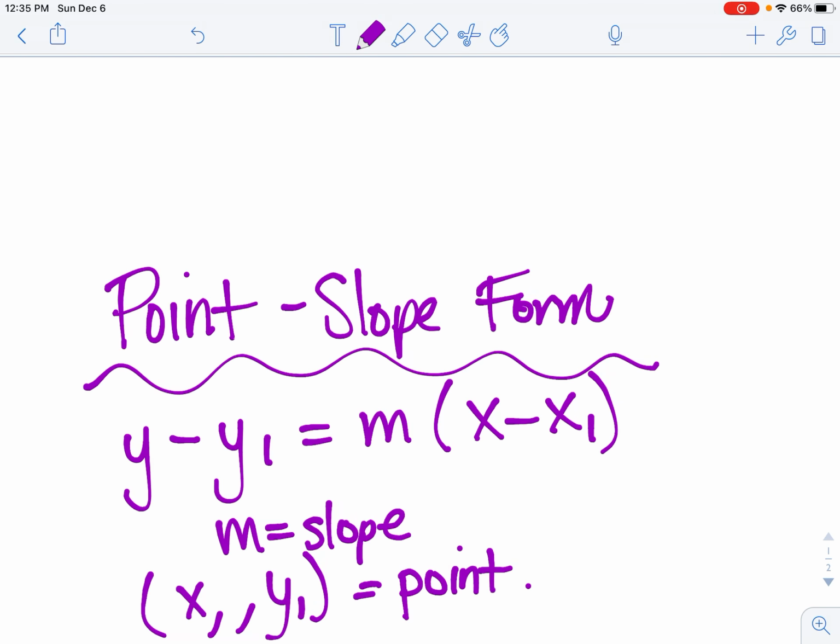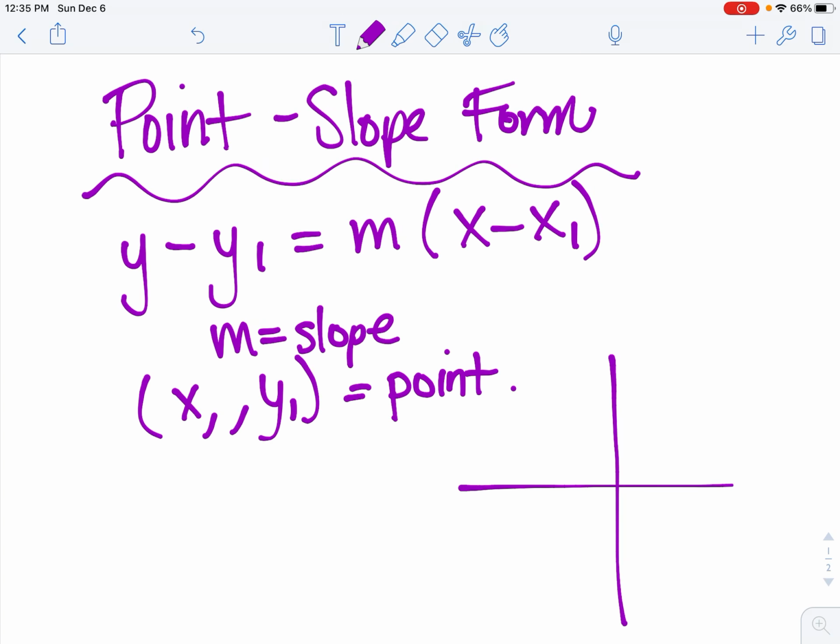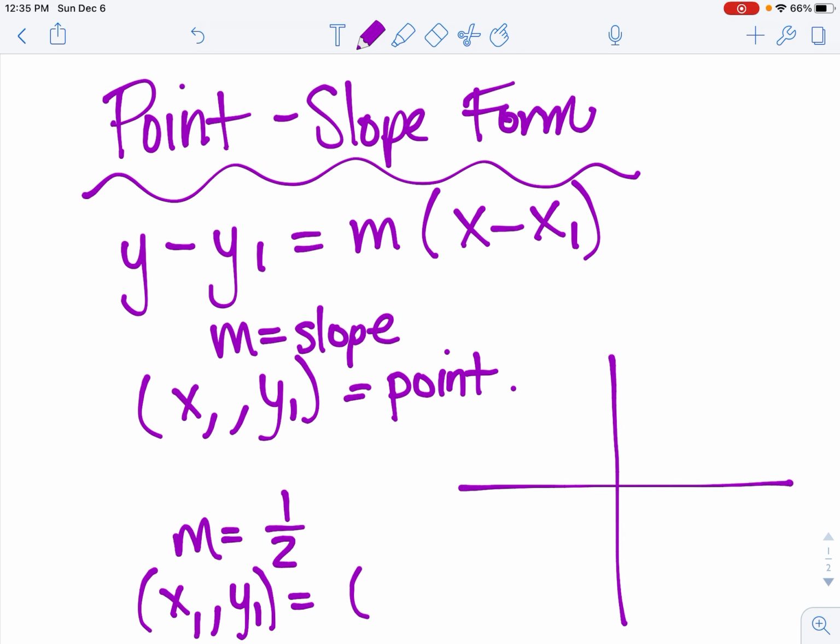Okay, so when you go to graph these, if I have a graph here, if we're given the slope, let's say, equals 1/2, and our point x1, y1 equals, let's just say 0, 0. So we graph the point first.